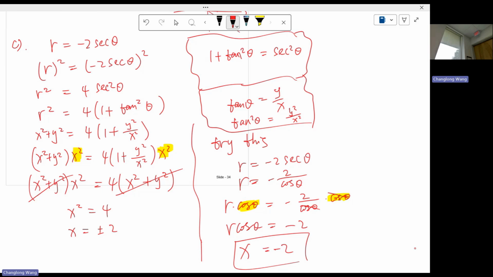But once you get x equal to -2, you're done, right? So now let's get back to Alex's question. Does it mean that x equal to +2 is not supposed to be there in the first place? And the answer is yes. So, now we realize we're not supposed to have x equal to +2.